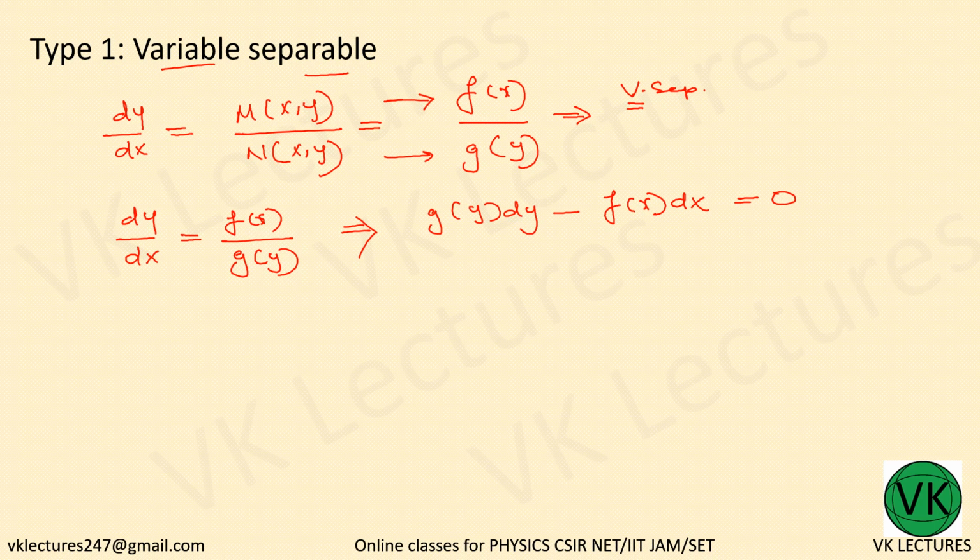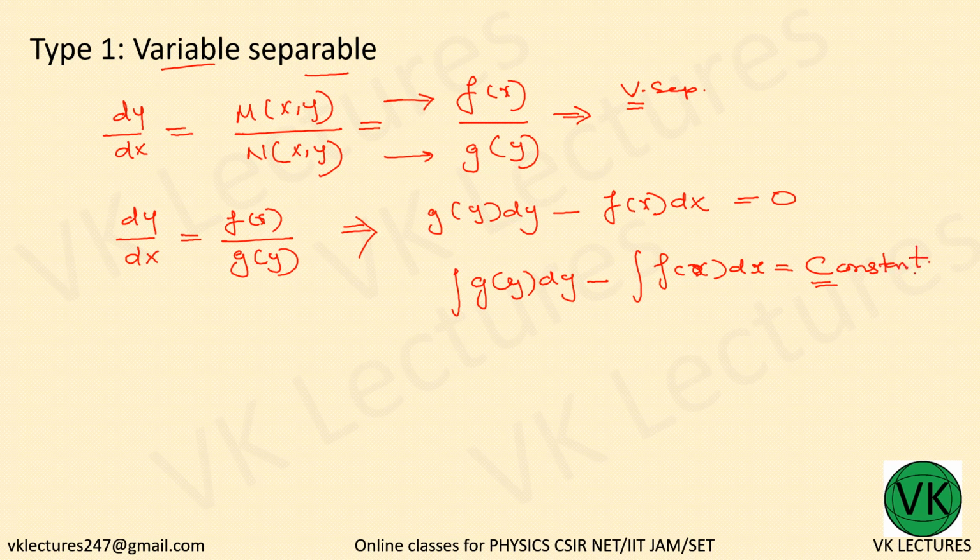Now what you have to do to solve, you can solve using just integration. So integration g of y dy minus integration f of x dx equal to, instead of 0, you get some constant c.